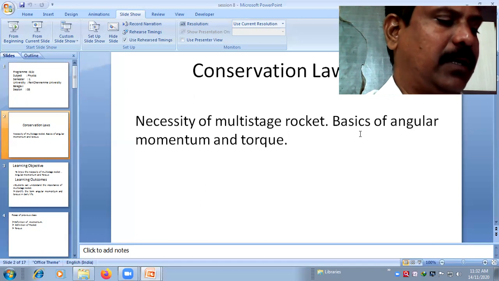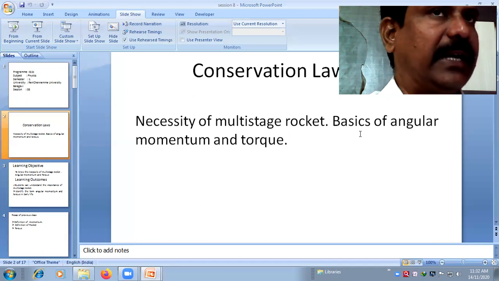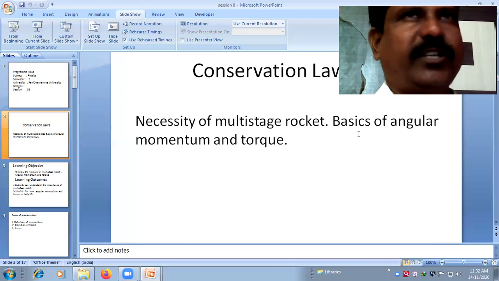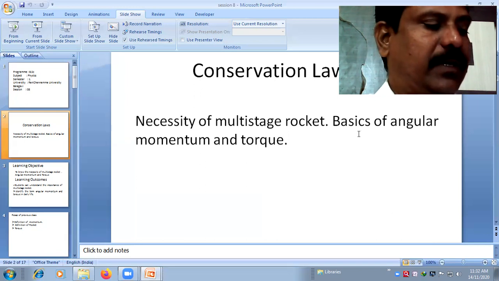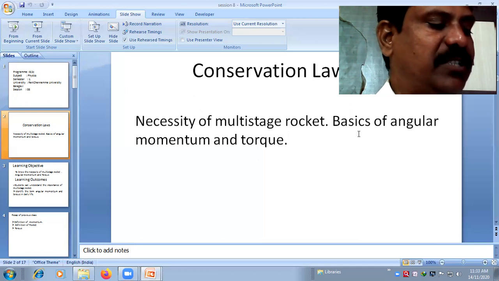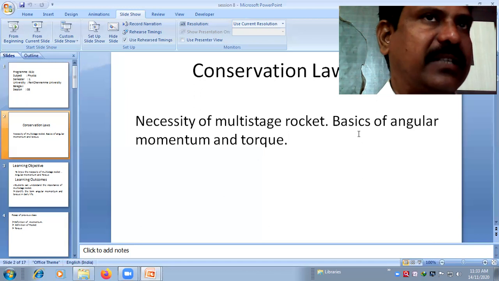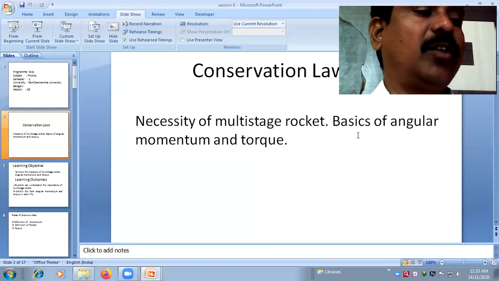In the first unit, suppose you take a double stage. The first stage is large and heavy, and the second stage is small and light compared to the previous one. When the rocket is launched into space, what happens?